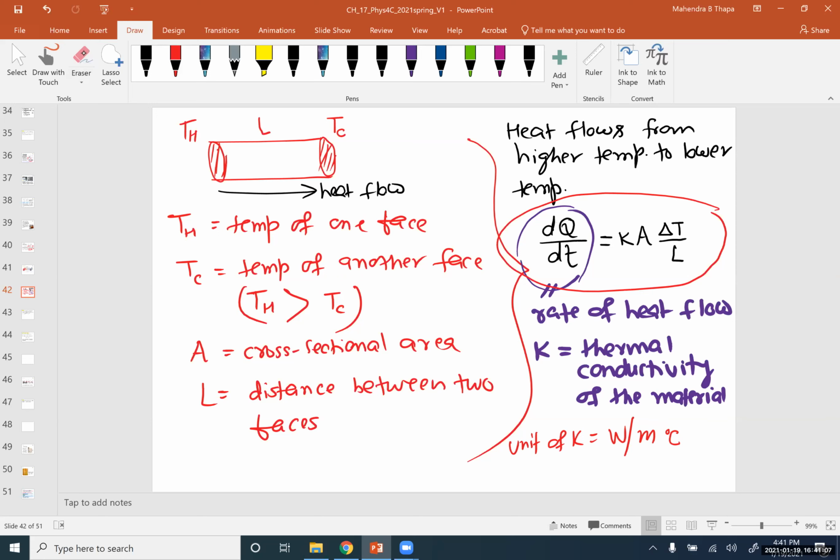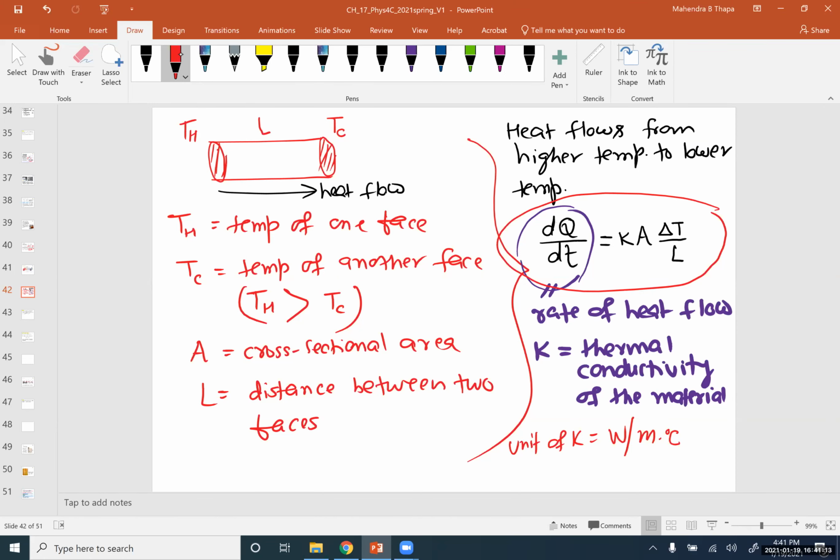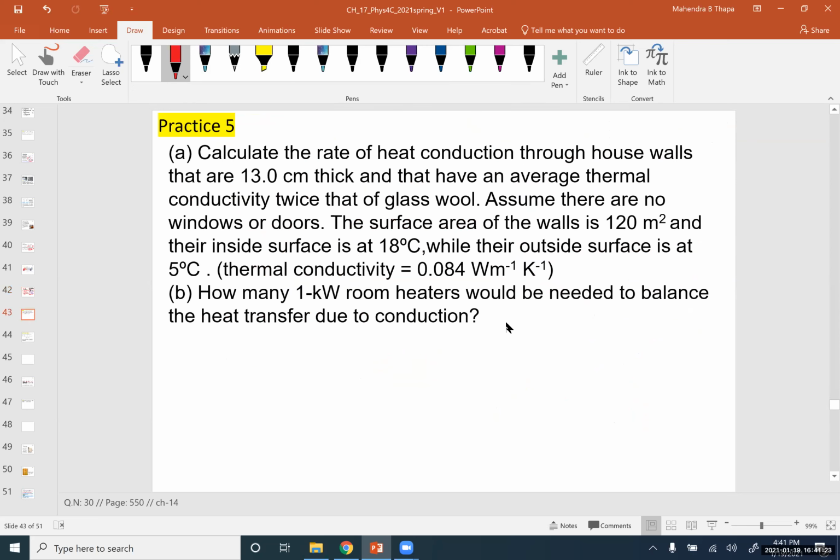So watt per meter per degree Celsius or per Kelvin is the unit of the value K. K value is different for different materials.